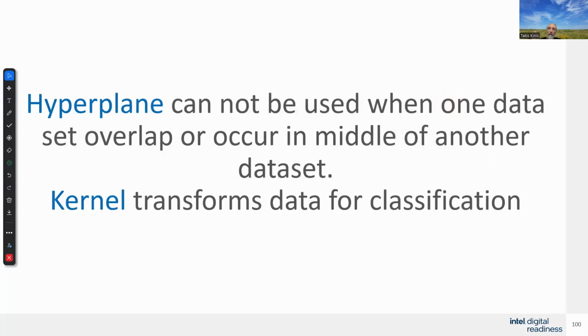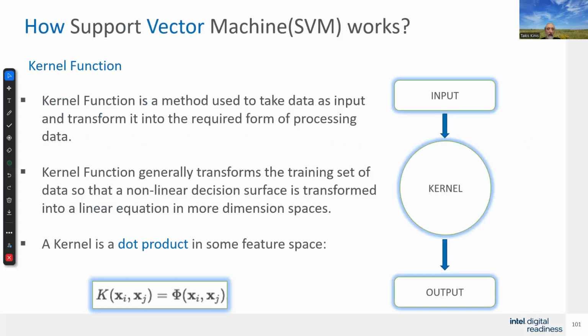Well, there are ways that we can work with that, and this is where the kernel thing comes in, where we basically transform our data into a higher dimensional space to give us the separation so we can draw the hyperplane and transform it. So, all right, this is what this is explaining.